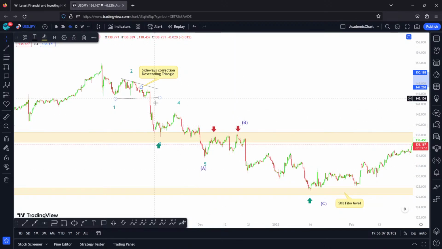And we had the third wave, and when we have sideways waves in one of the corrections in an impulsive wave, the other one should usually be a zigzag or sharp correction. And as you can see, I can see an ABC here into the fourth. So it is sharp. It is not sideways or usually as slow.